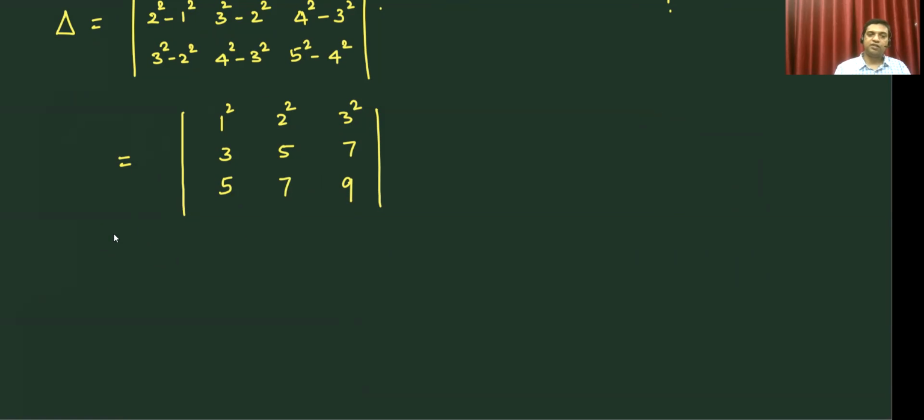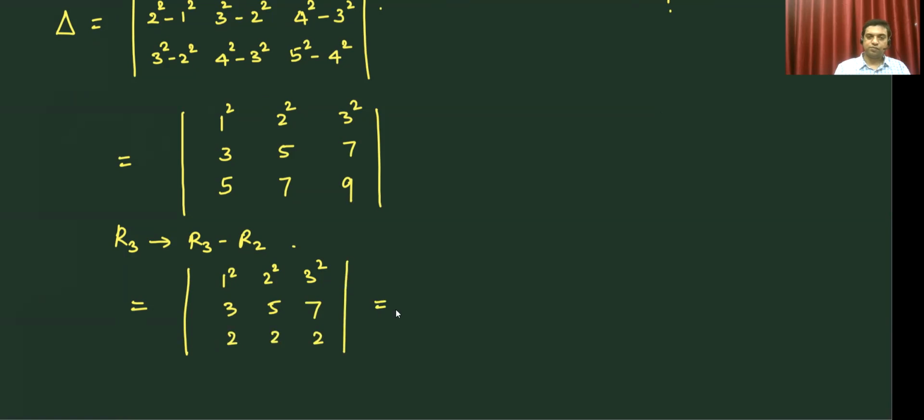Row wise you do R3 as R3 minus R2. So you get 1 square, 2 square, 3 square, 3, 5, 7, 2, 2, 2. So then take 2 outside, you get 1 square, 2 square, 3 square, 3, 5, 7, 1, 1, 1.